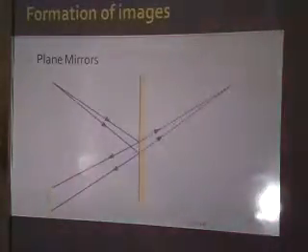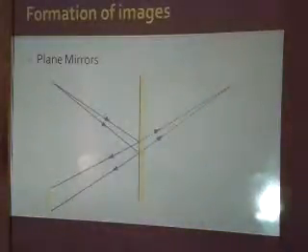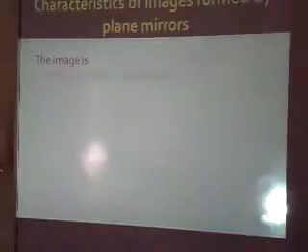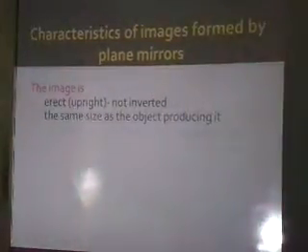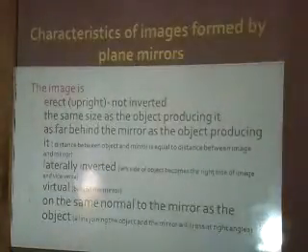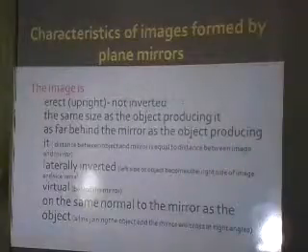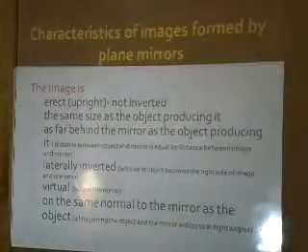So this is how images are formed by plane mirrors, and there are characteristics of images formed by plane mirrors. We want to look at these characteristics. One, the image formed is upright. It is not inverted, it is upright.